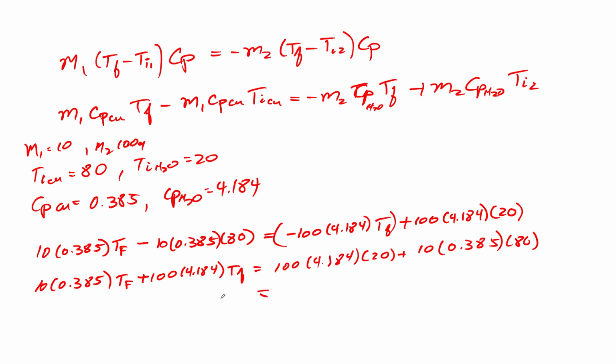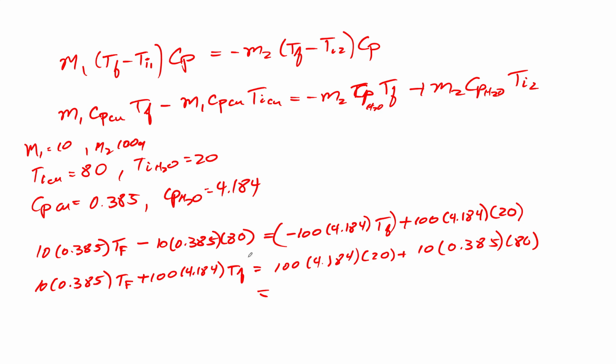So the right-hand side, let's go ahead and get this number together. 100 times 4.184 times 20. Then add to that 10 times 0.385 times 80.